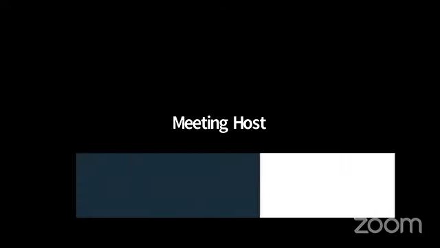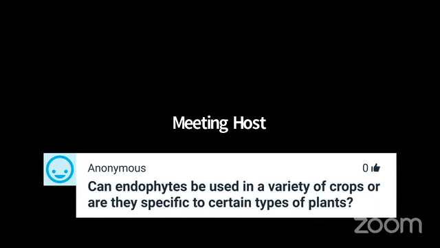Can endophytes be used in a variety of crops, or are they specific to certain types of plants? More specifically, in the market already there are nitrogen fixers and phosphate solubilizers. These are rhizospheric as well as endophytic microorganisms, so they can be employed for all types of plants.